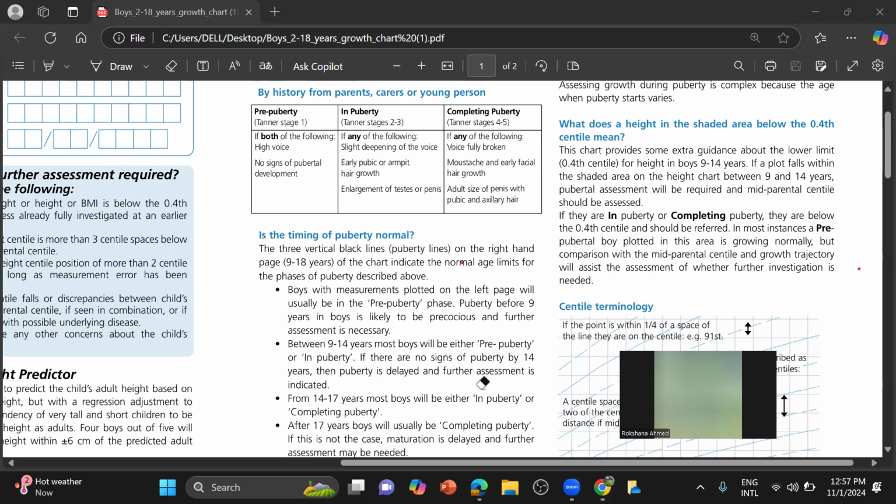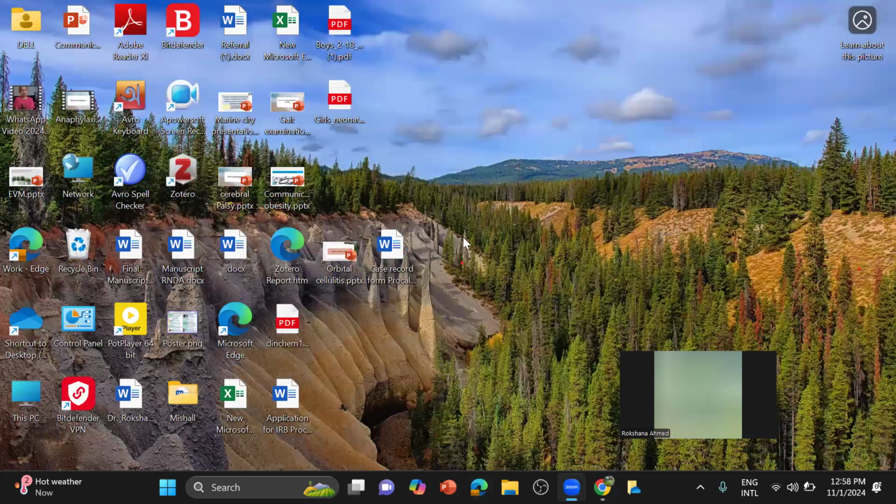For preterm we have another growth chart.